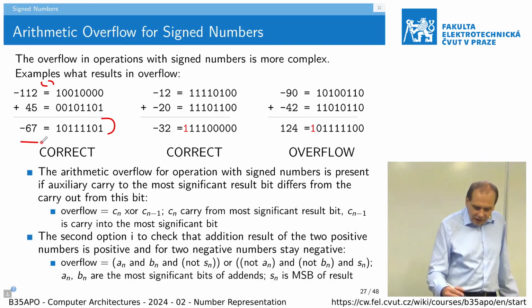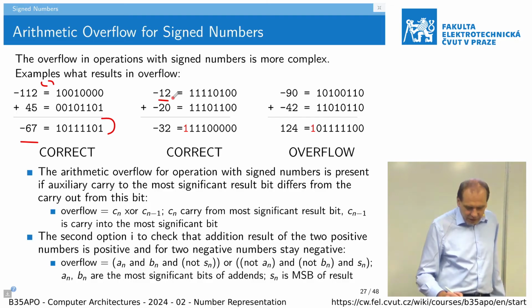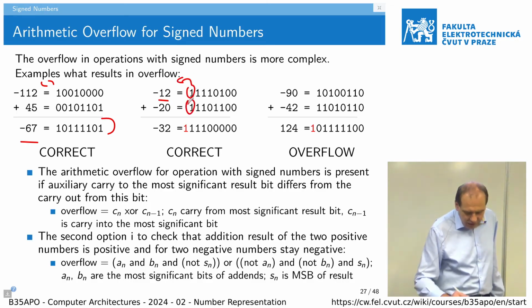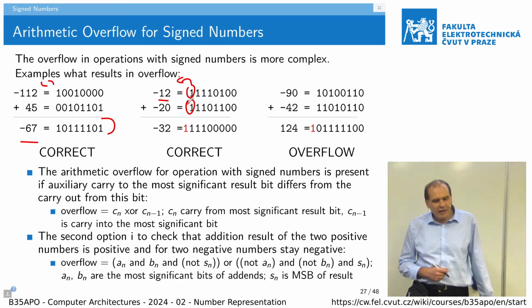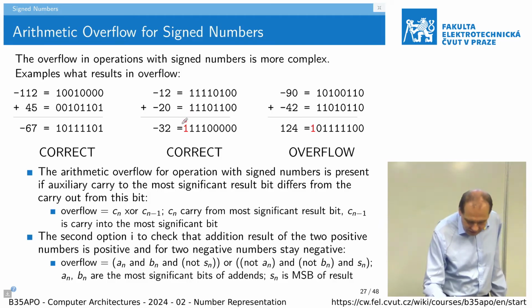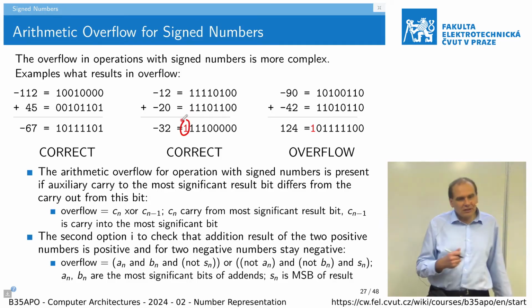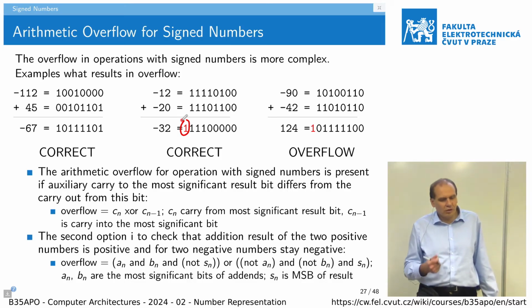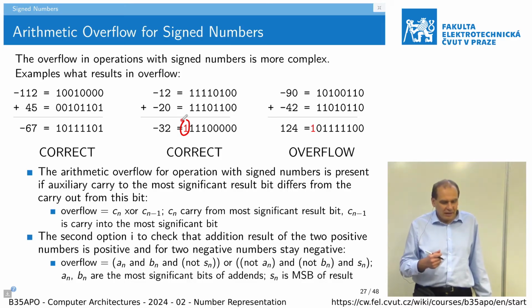If we add those negative numbers, then there is a carry, because we add there in the representation 1 and 1 in the most significant bit, and we get the one which is already on the 9th position, or on the position of bit 8.